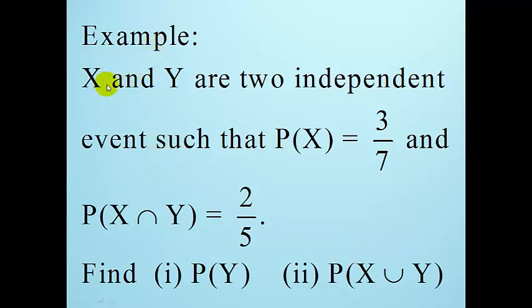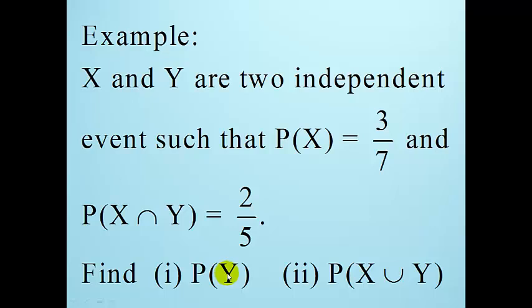Example, X and Y are two independent events such that probability of X equals 3/7 and probability of X intersection Y equals 2/5.